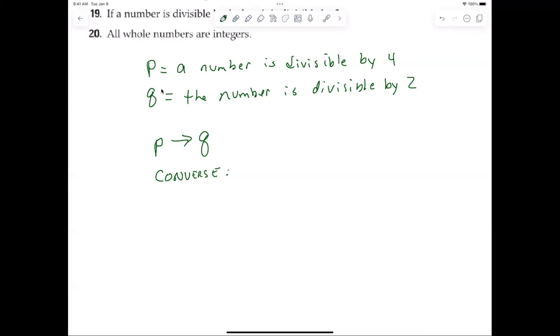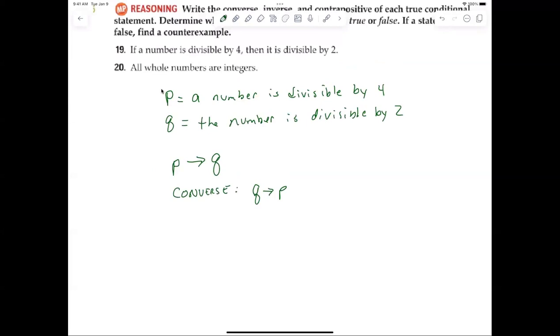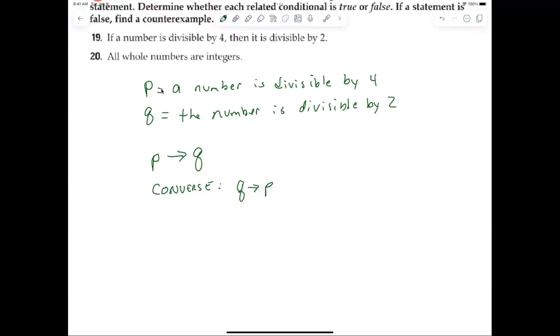So the converse is going to be if what? If q, then p. That would be the converse. So if I made you write the converse, you would simply say what?